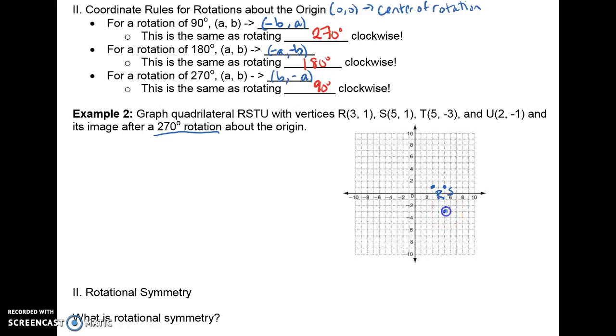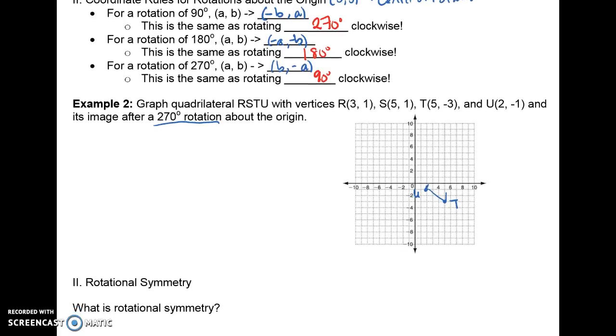I actually tend to do that when my graph is tiny, so that's why I'm taking my time with this. All right, so there's my R, S, T, U. Let me fix this R and put it on top so it's a little easier to see. And there we go. All right, all fixed.